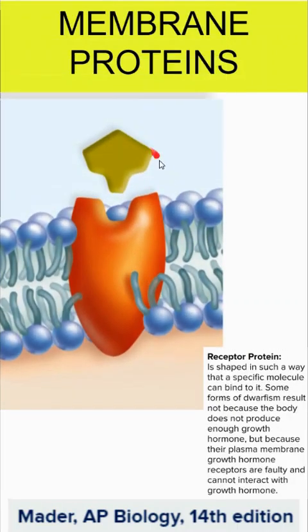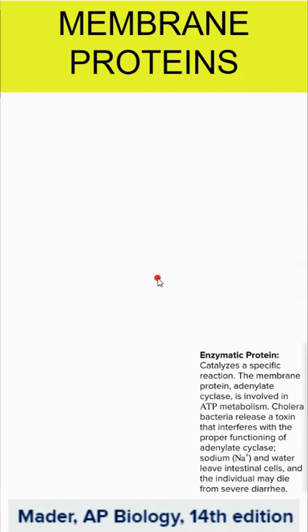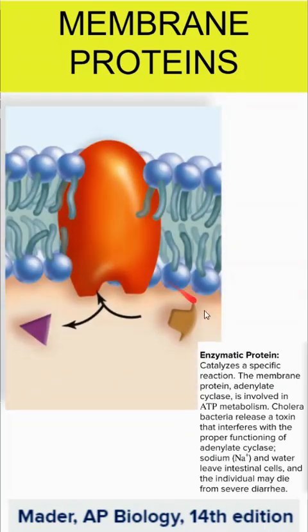We also have receptor proteins. We can have receptor proteins internal to the cell, which would bind to steroid hormones, which would be lipid. However, we have receptor proteins embedded into the cell membranes to receive non-steroid hormones, and this would often trigger responses that we'll talk about in cell communication. A lot of times when we think about enzymatic proteins, we think about breaking down nutrients within our digestive tract.